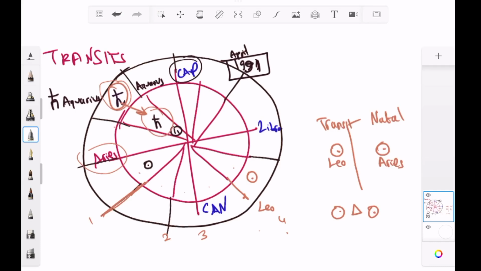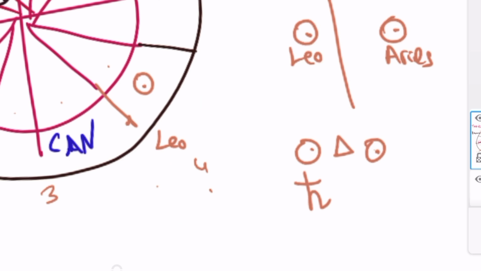And because Saturn came back to your Saturn, we can also say that Saturn conjunct Saturn. We also could say, because we see that the transit Saturn is opposing the transit Sun.